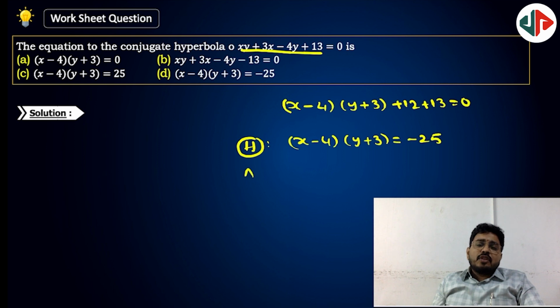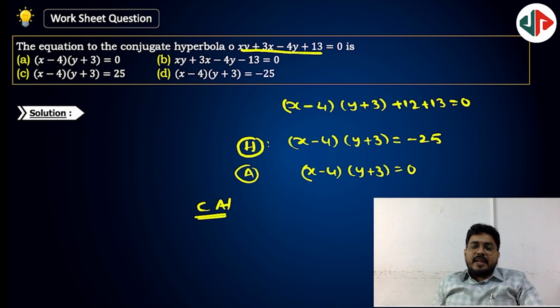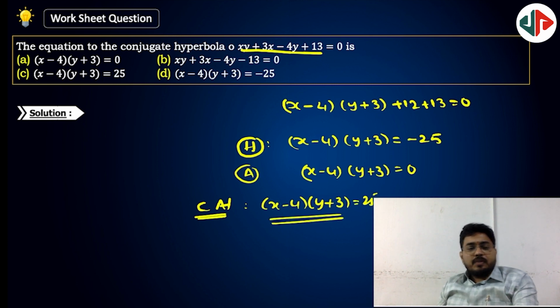Its asymptote will be x minus 4 into y plus 3 is equal to 0. Now what is the conjugate hyperbola? The conjugate hyperbola will be simply x minus 4 into y plus 3 is equal to 25. This is the conjugate hyperbola.